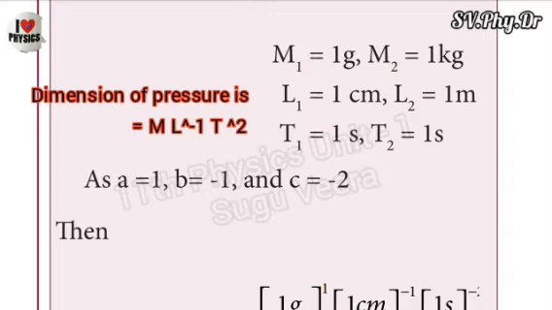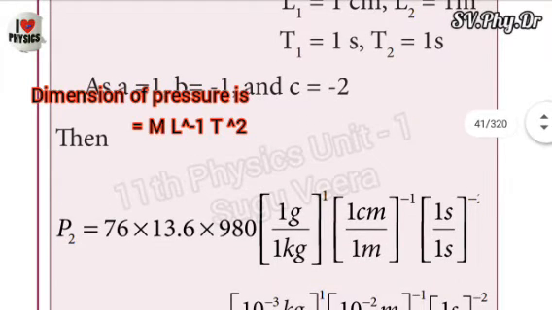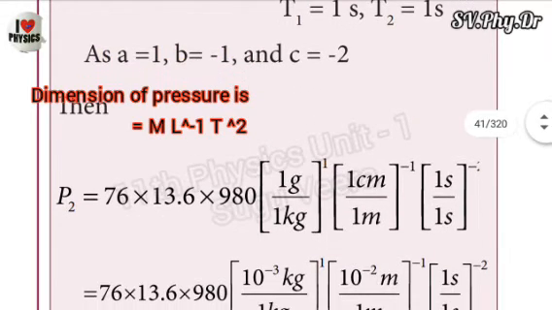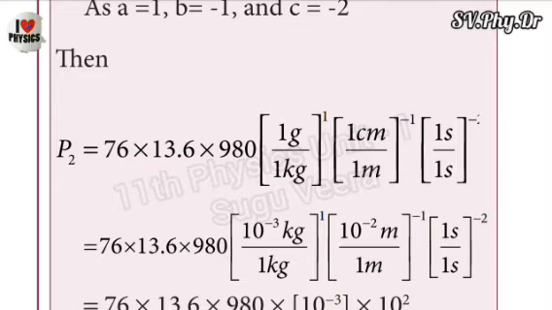Then substitute all values in this equation. Then P2 is equal to 76 × 13.6 × 980 [1 g divided by 1 kg]. The numerator value is the CGS system, the denominator value is the SI system.